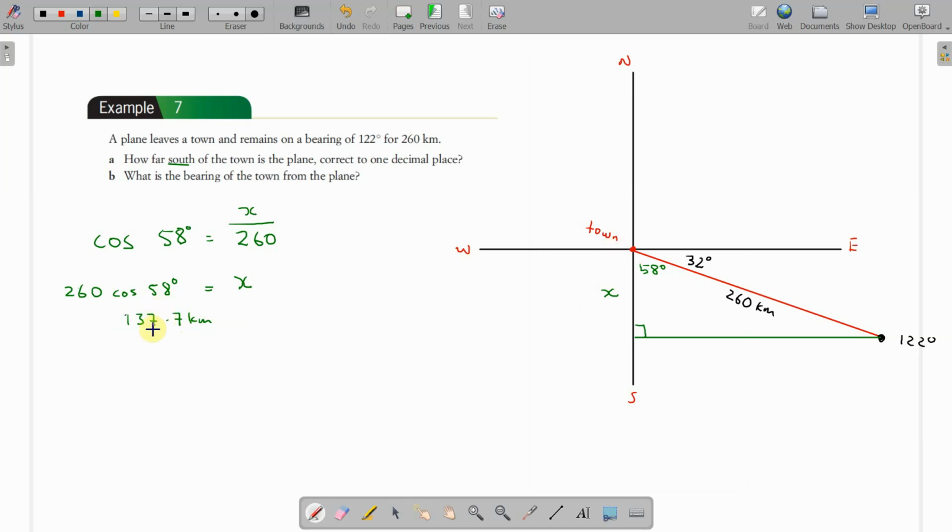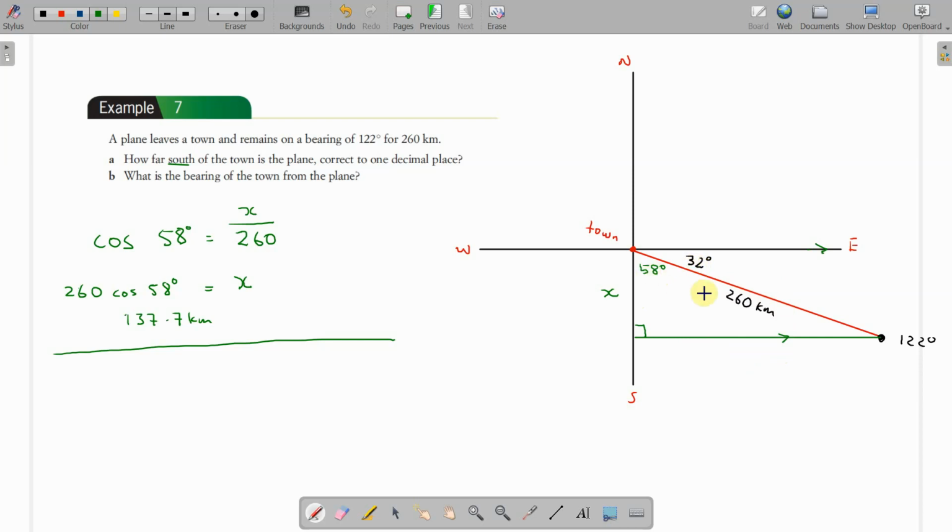Now I'm going to do it another way just to see what happens. The line heading from the town east is parallel to the line heading from the plane back to south, and that angle there is 32, an alternate angle.